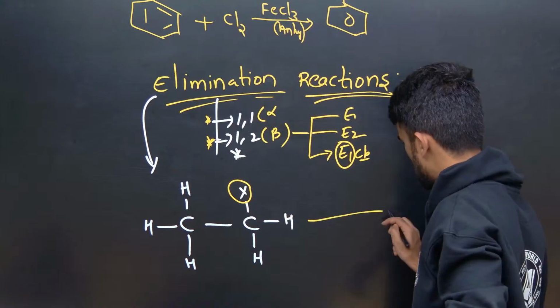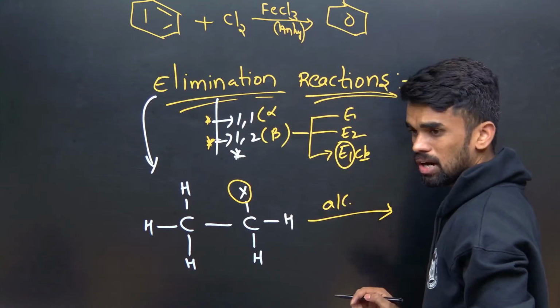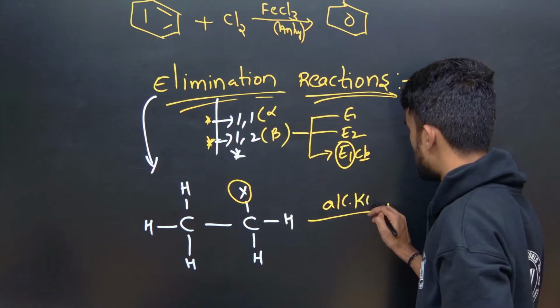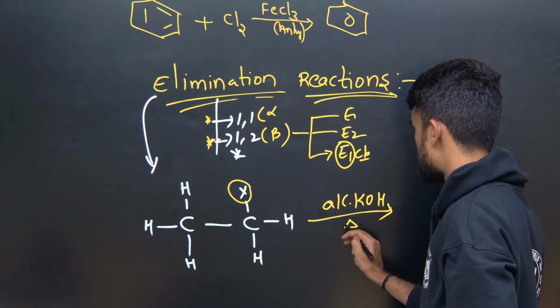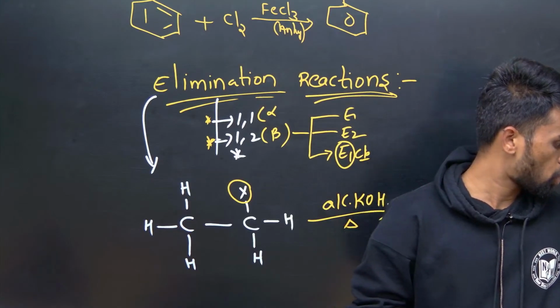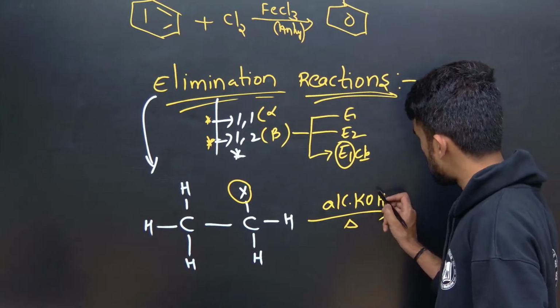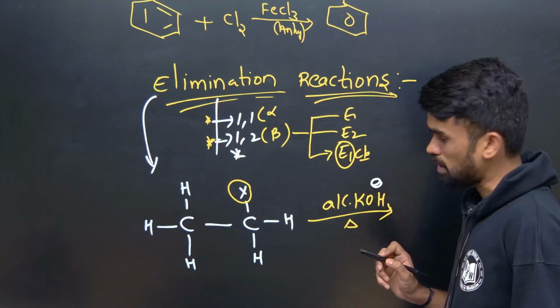What happens here is, we generally use alcoholic KOH or NaOH under heating condition. This is the reagent we will be using, which is a strong base.